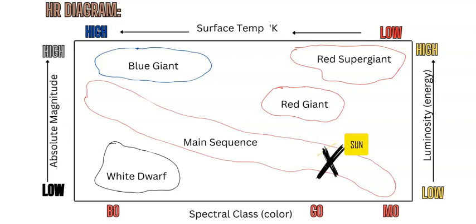It looks like this, with the main sequence being the majority of the graph, going from right to left, with a range of luminosity, a range of temperature, a range of class, and obviously magnitude. Then you have the blue giants, the white dwarfs, the red giants, and red supergiants, again with their own characteristics that can fit on the graph. And the X marks the spot, that's our sun.